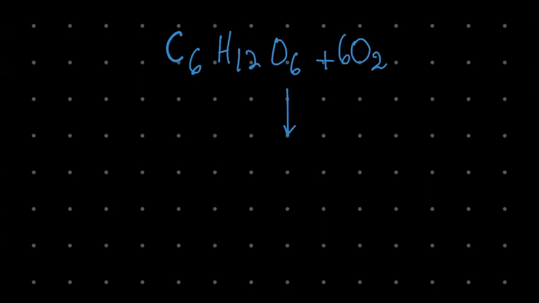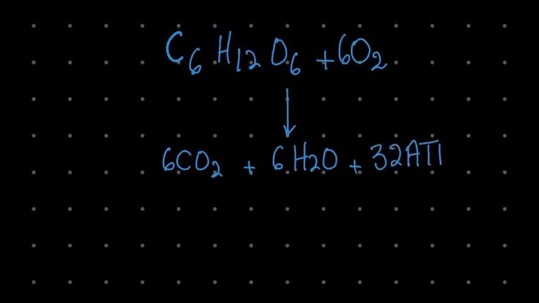Breaking down the glucose in the presence of oxygen is a multi-reaction process. Remember, this will result in the formation of carbon dioxide, water, and it's going to be yielding around 32 ATPs plus some of the energy released is going to be in the form of heat.